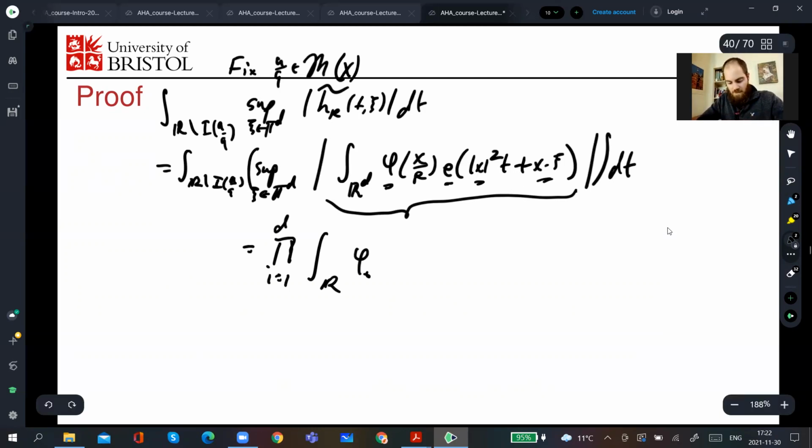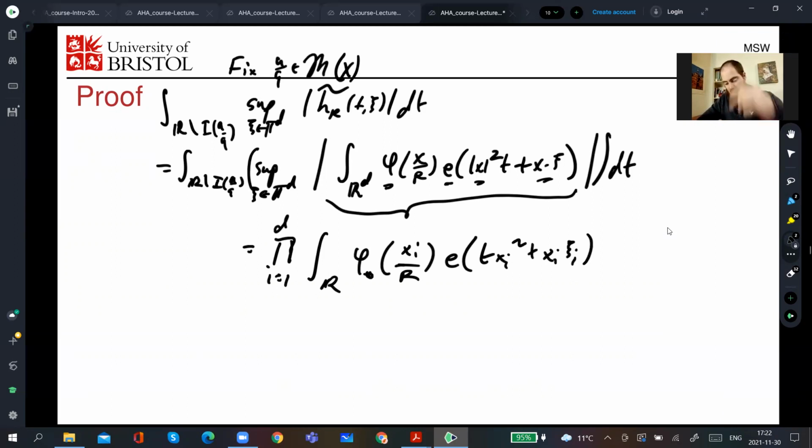So we have, for some phi naught, xi over r, e of t xi squared plus xi c_i. And yes, we are going to reduce our analysis to finding a bound for the one-dimensional integrals here.